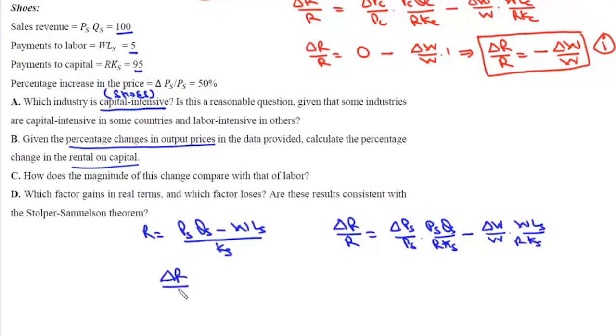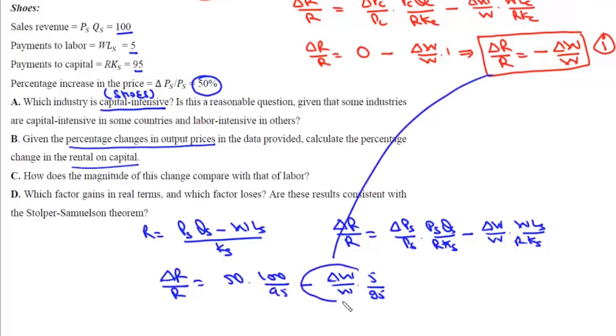Now this is delta R upon R. Now the percentage change in price is 50%, so it will be 50 into PSQS upon RKS. Now PSQS is 100 and RKS is 95, minus delta W upon W, and here will be WLS, which is 5, and RKS, which is 95. Now we know that minus delta W upon W is delta R upon R, so we'll substitute the value of minus delta W upon W as delta R upon R.